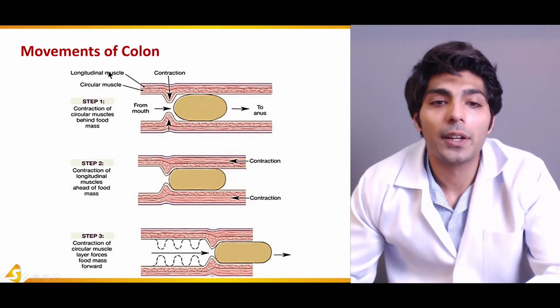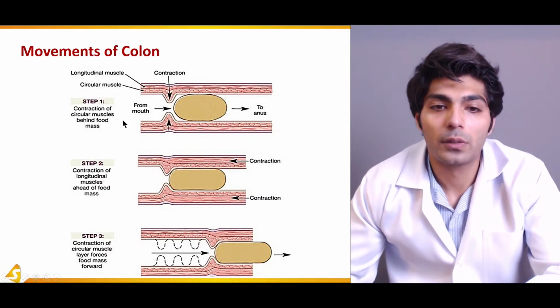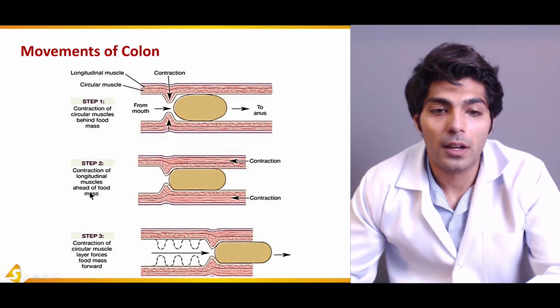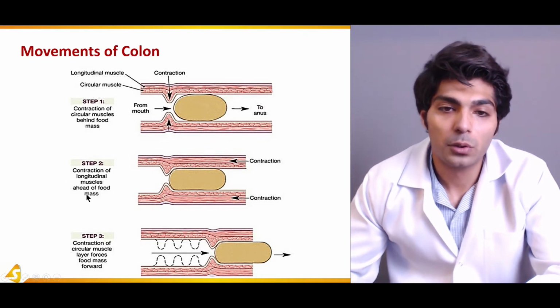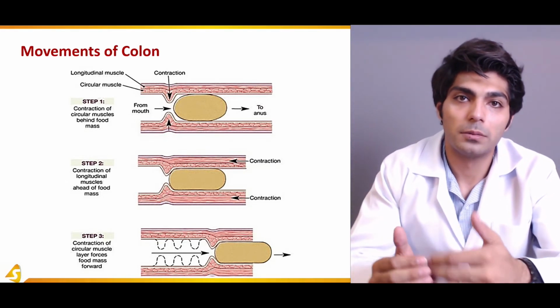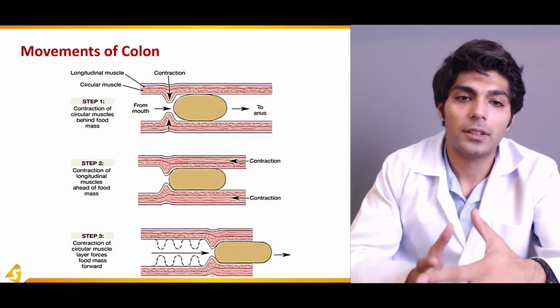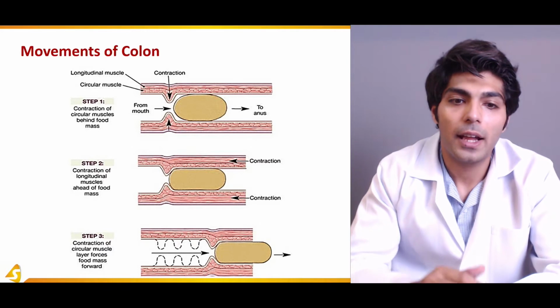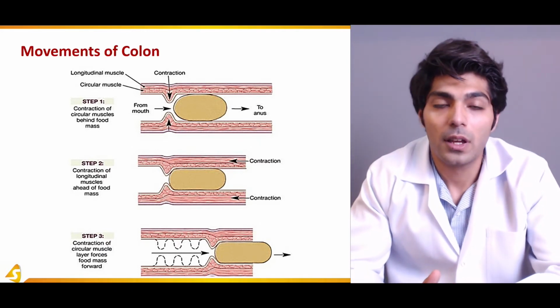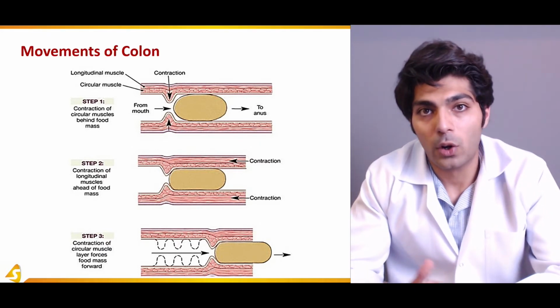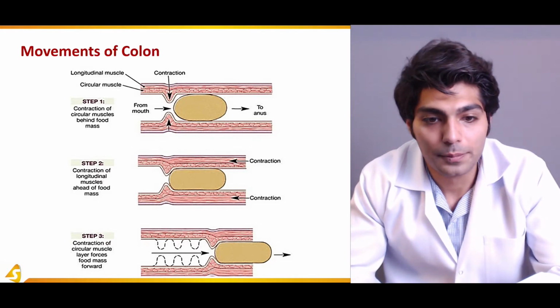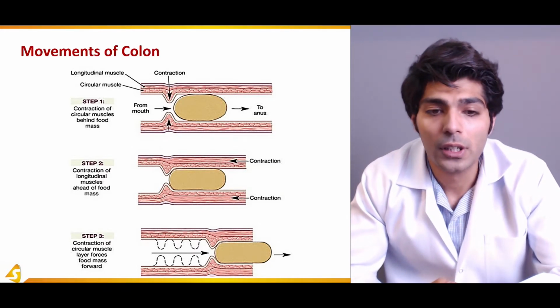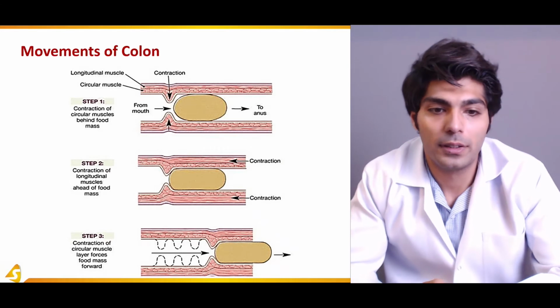In step 1, we can see the contraction of the circular muscles behind the food mass, and then the contraction of the longitudinal muscles ahead of the food mass. So they both function together. The circular muscles contract behind the fecal matter, and the longitudinal muscles function ahead of the fecal matter.